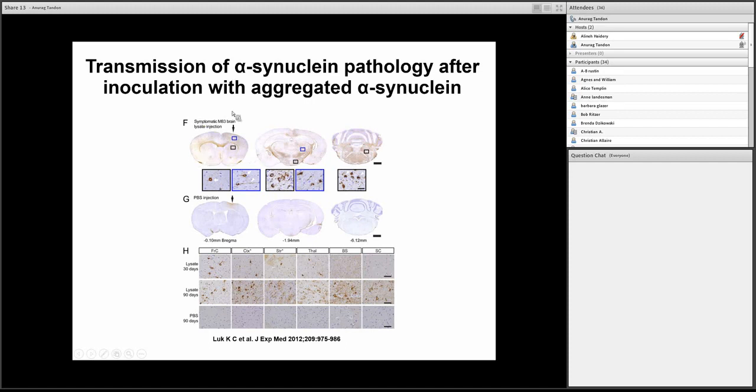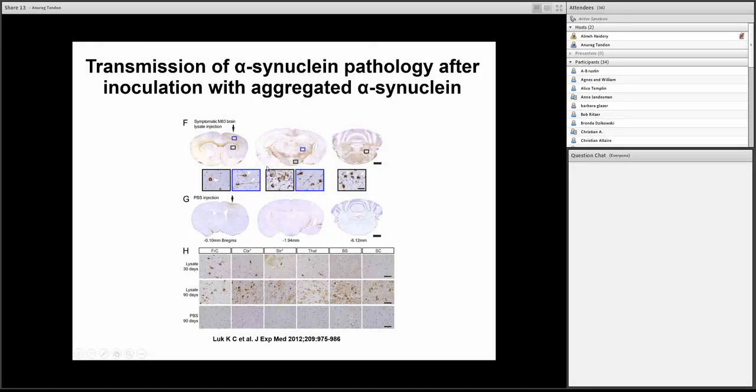So what they did was they injected, for example, up here shows the injection of alpha-synuclein misfolded protein aggregates or fibrils, and looked at the pathology over time, and were able to find that there were dense aggregations of alpha-synuclein appearing in the neurons where the injection occurred, but also at really far away regions of the brain. So if the injection was done here, in the black square, you could see pathology appearing in all sorts of other regions of the brain.